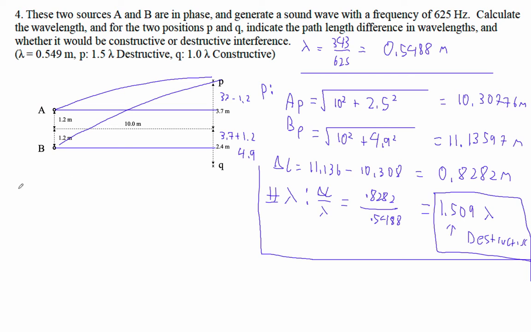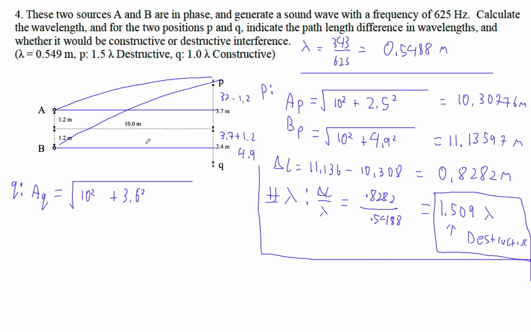Okay. All right. Now we're ready to look at point Q. You got to mind your P's and Q's. So for point Q, AQ is the square root of 10 squared. That's how far we are in the x. And then in the y, we're 2.4 plus 1.2, right? So that's 3.6.